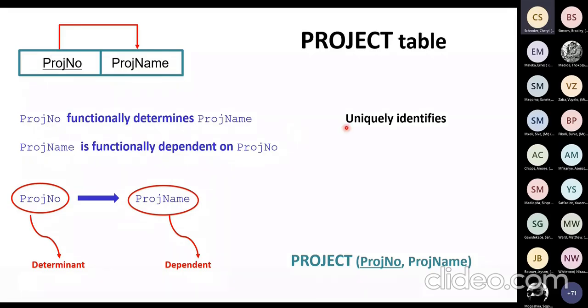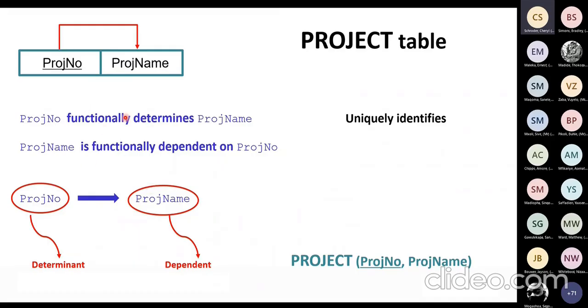So project number uniquely identifies one record: one value in your primary key retrieves one and only one record, in other words, the values for all the attributes in that specific record. When we write it out in relational terms, we don't say project number functionally determines project name.